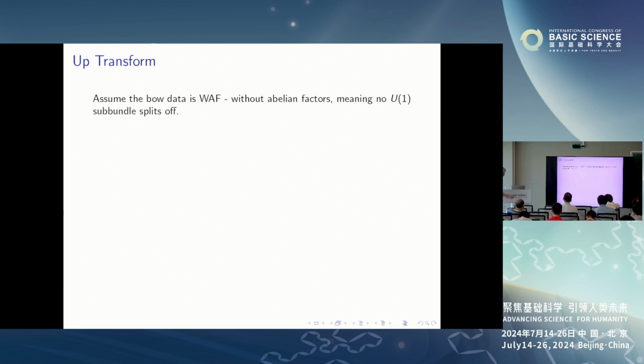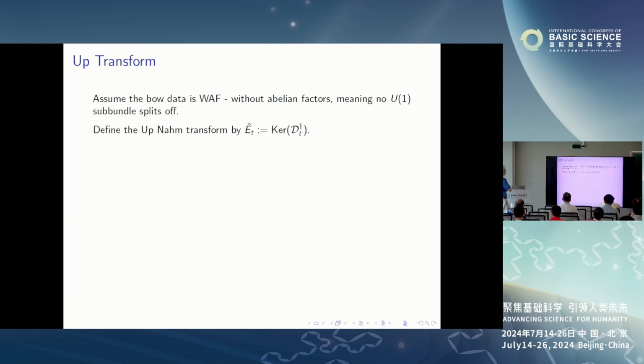Now, when we're dealing with the bows, we'll also have to have an analog of the holonomy assumption, which we call WAF, without abelian factors. And it essentially means that there's no U1 line bundle that splits off, preserving all our data.